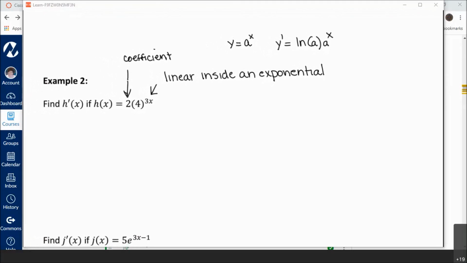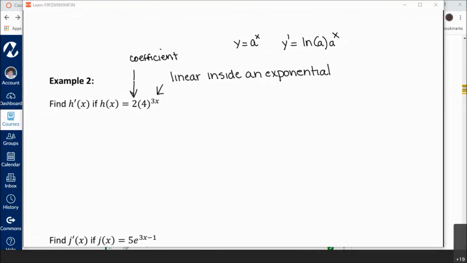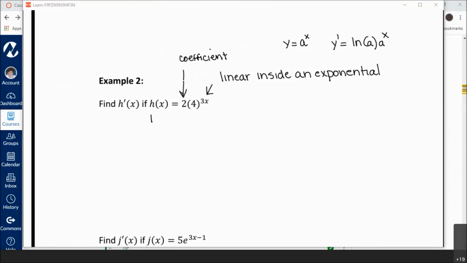So here's the way I'm going to differentiate h. Let me move this down a bit. So h prime of x. First thing I'm going to do is pull through that coefficient. Then I want to differentiate the outer function, which is my exponential, 4 to the 3x.